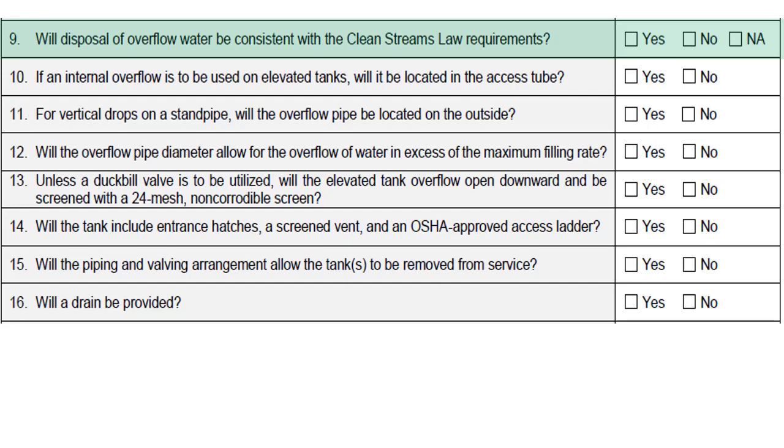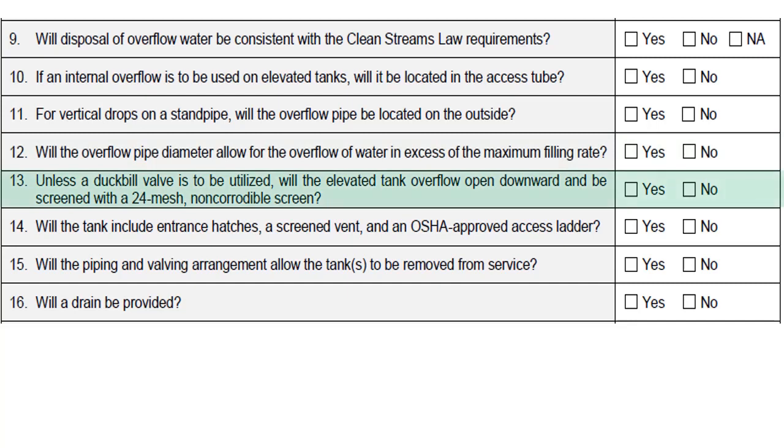More information on these requirements can be found by selecting the link below. Internal overflow should be located within the access tube. For vertical drops, the overflow pipe should be located on the outside of the tank. Overflow pipe diameters should allow for discharge in excess of the maximum filling rate to ensure tanks will not rupture during an overflow event.